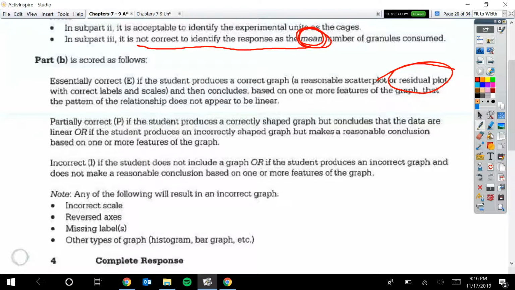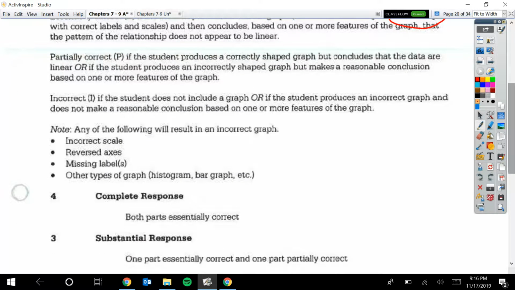So if you did the residual plot instead, that would be acceptable as well. Any of these things would give you an incorrect graph: if you did not use the correct scaling, if you just put the numbers equally spaced, then that would be wrong.